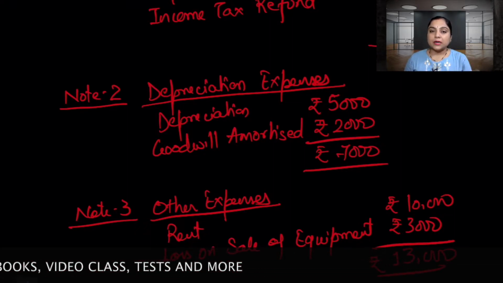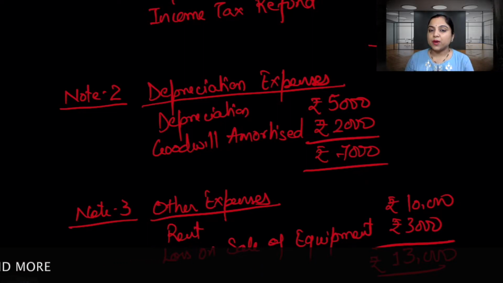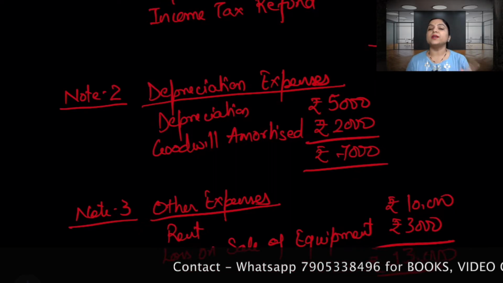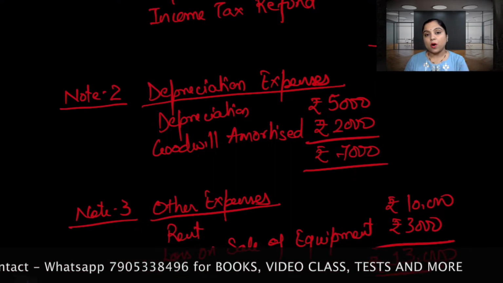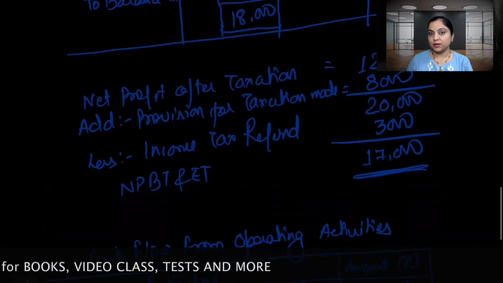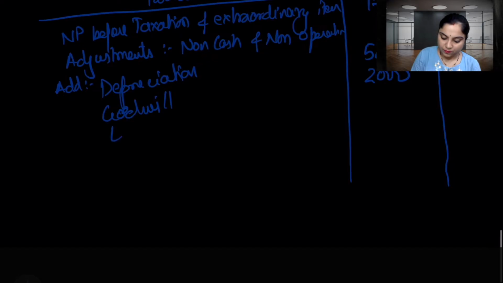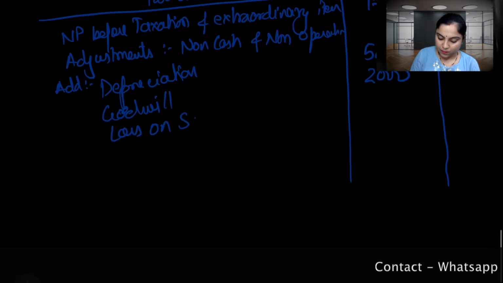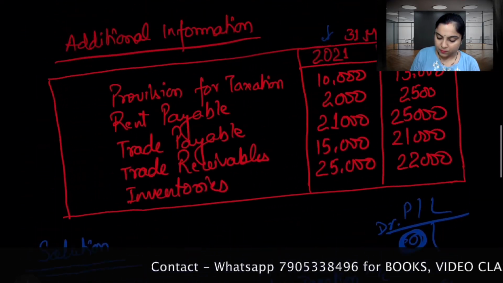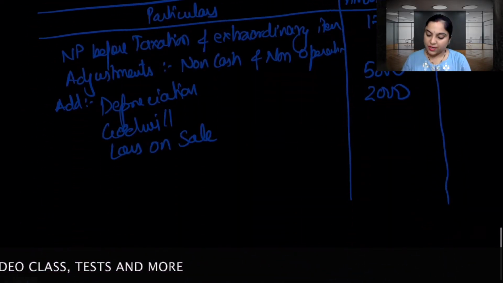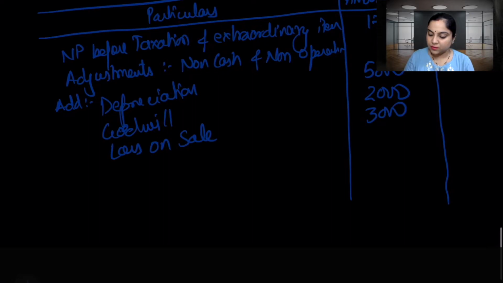If you are selling any product or any fixed assets, what you are getting is cash or bank, okay, that's an inflow. But loss or profit is merely a book entry. Remember, loss or profit is merely a book entry, okay. Loss on sale is rupees 3,000 we have, okay.